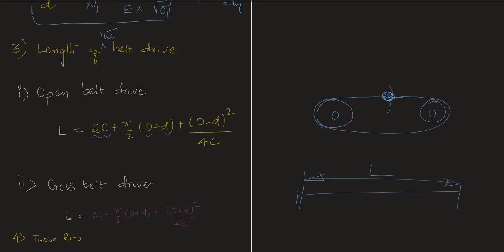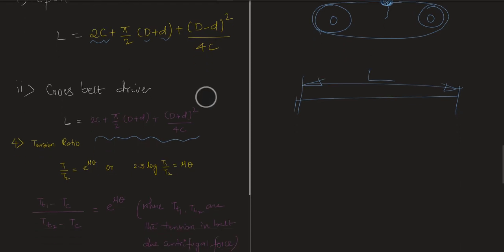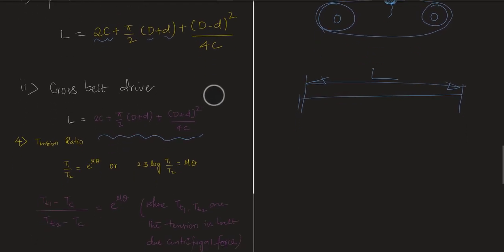If you see a wheat flour machine, you can find that the ends of the belt are bolted together. So for that reason we need to also calculate the length. Similarly, I can calculate the length of a cross belted drive by using this formula. There will be a small change. Here it is negative and here it is positive. That is the only change.